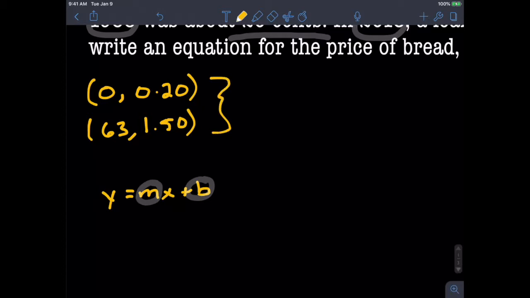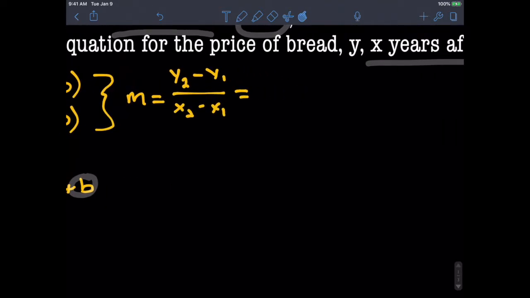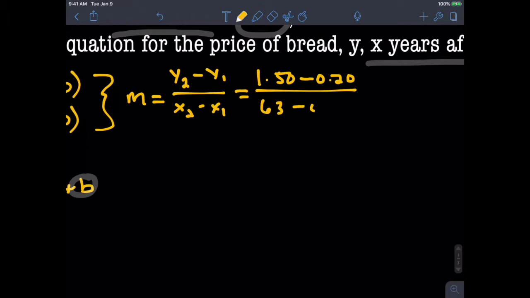Since we have 2 points, let's find m by using the slope formula: y2 minus y1 all over x2 minus x1. These variables with subscripts represent the actual x and y values from your point. It doesn't necessarily totally matter what order you put the things in, but if you use the y value from the second point first on the top, use the x value from the second point first on the bottom.